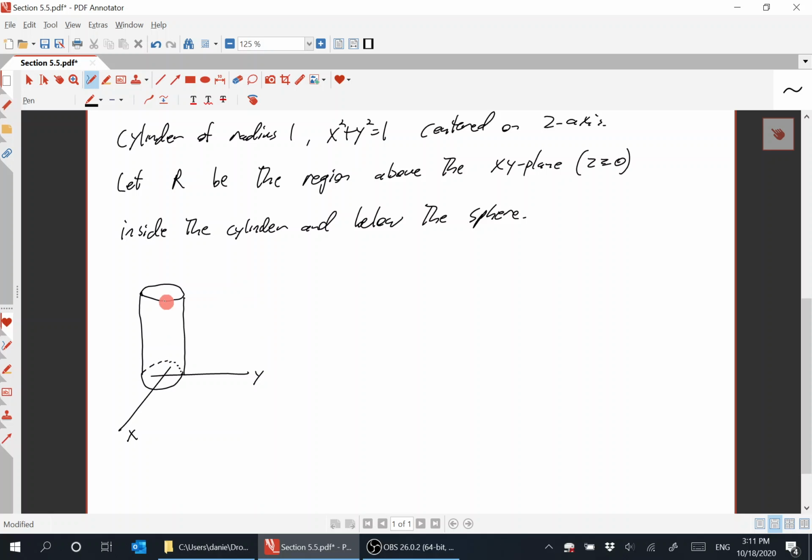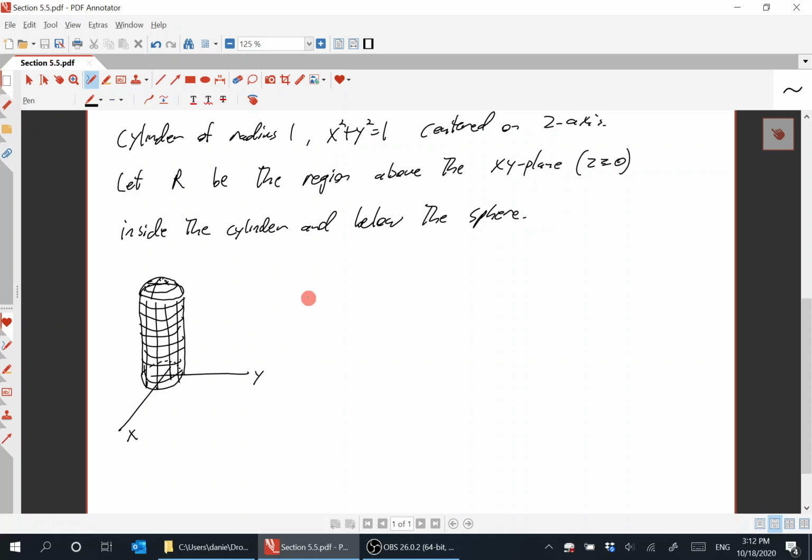And on top of this, we've got that smaller part of the sphere, right there, like that. So this is our region R. We've got that little cap of the sphere on top, and then underneath that and inside the cylinder of radius 1.